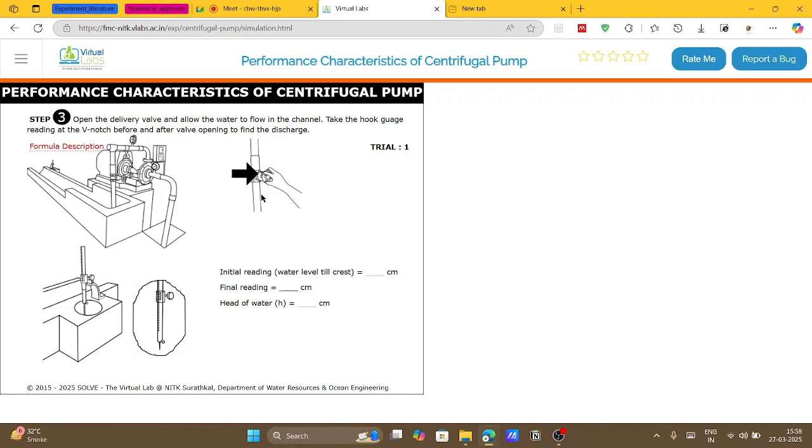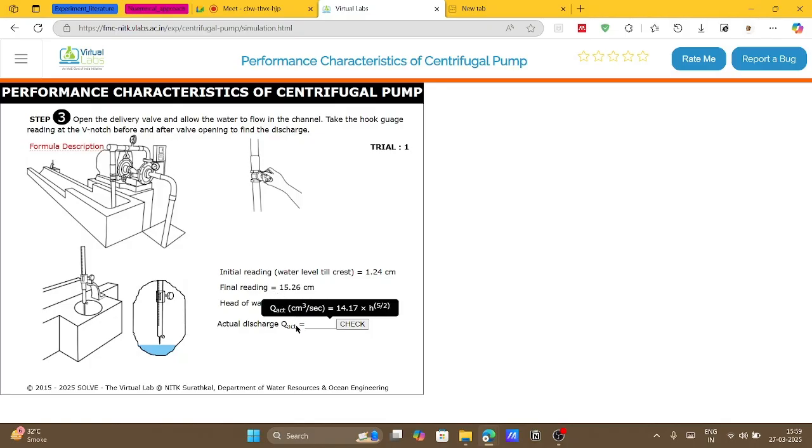Open the discharge valve. Take the height of water level above the crest for the V-notch. So first we took a height till the crest, then increase the flow rate, compute the new height.